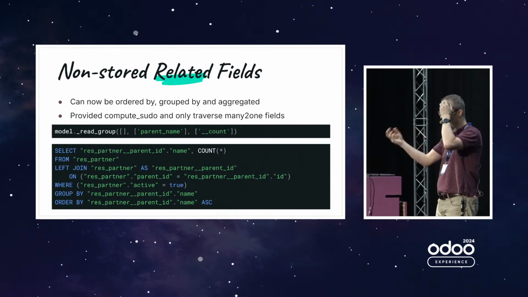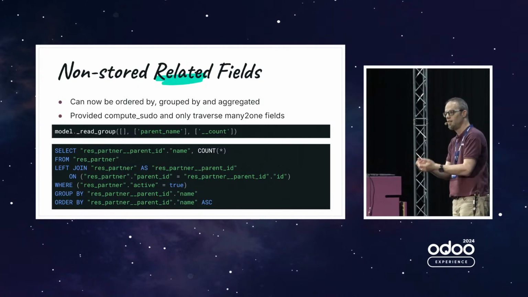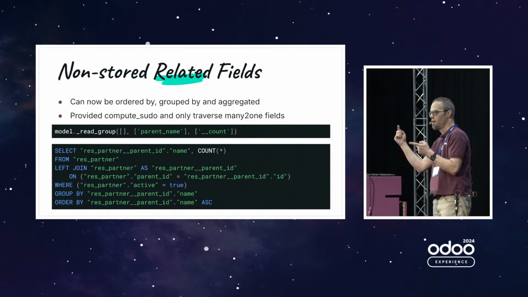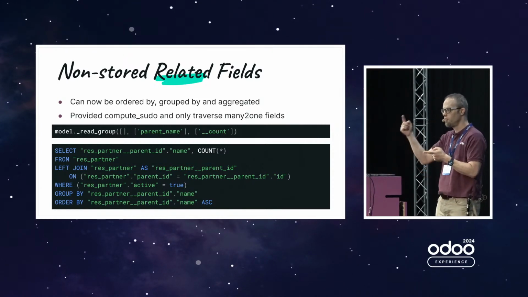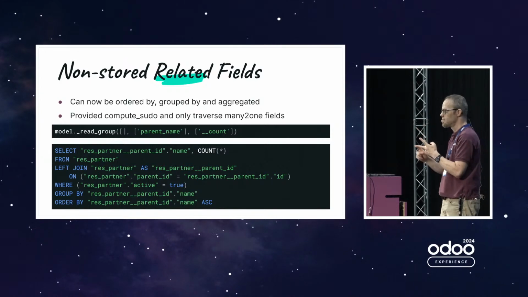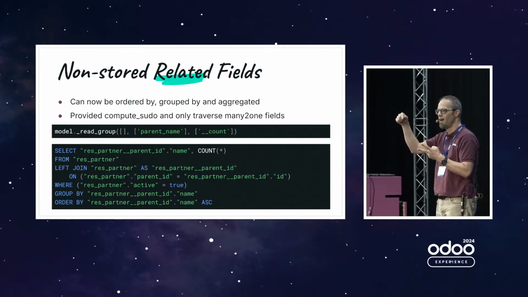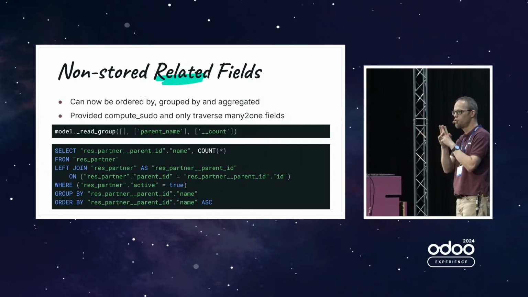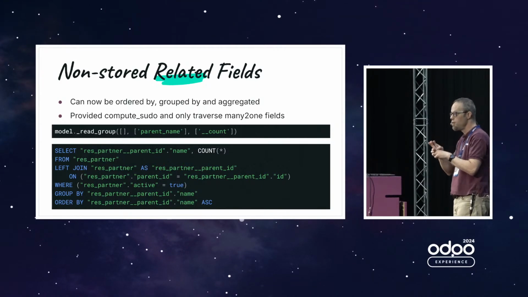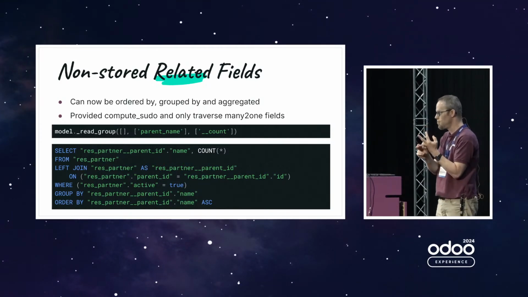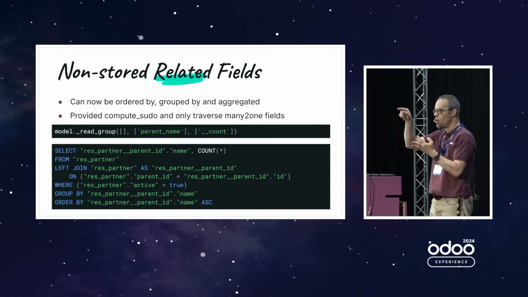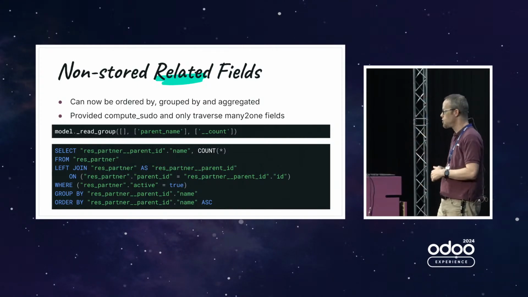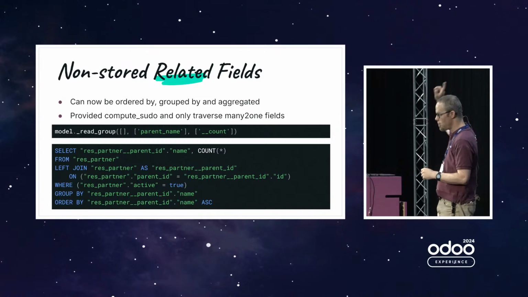So non-stored related fields, which means the value of that field is not explicitly in SQL, but it traverses only many-to-one fields, and it's not subject to access rights for computing its value. If those two conditions are satisfied, then you can actually express the value of the related field as, in fact, the value of some field a few joins away. Essentially, it's implemented with left joins. And the result is something like this.